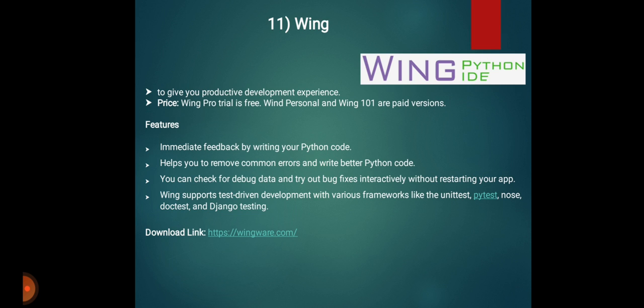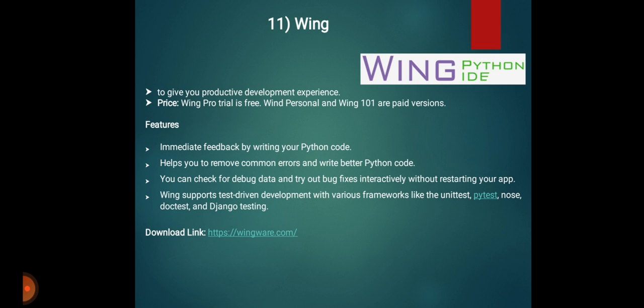Also it helps you to remove common errors and write better Python code. Then you can check debug data and try out bug fixes interactively without restarting your app. So this is an add-on feature of using Wing Python IDE.